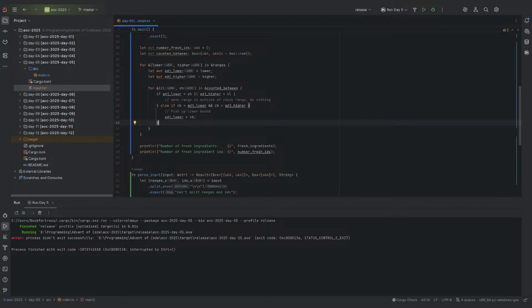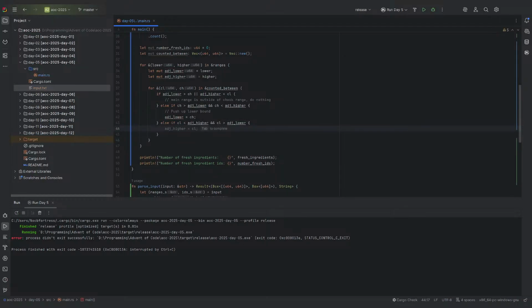Otherwise, else if its lower bound is lower than my higher bound, but also... okay, so this range's lower bound cuts over here, but doesn't contain the full range.